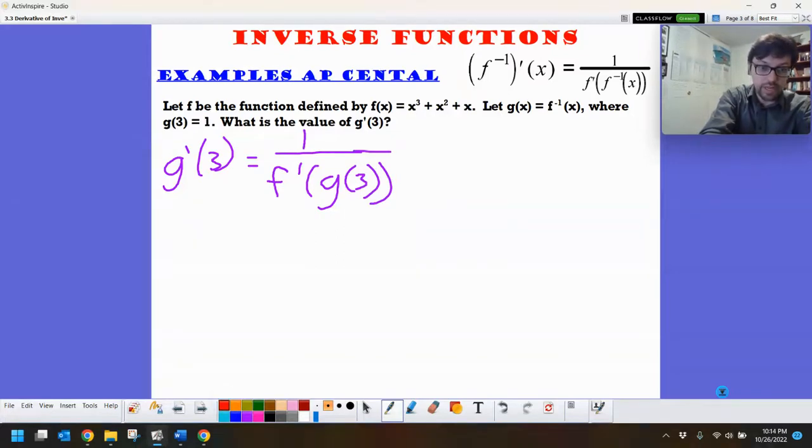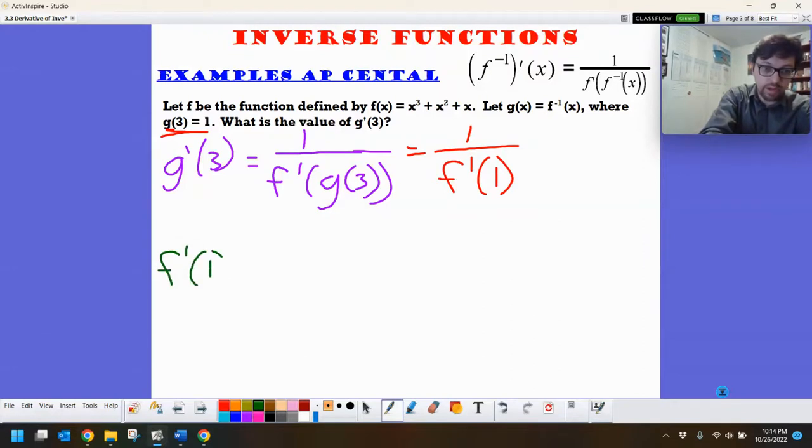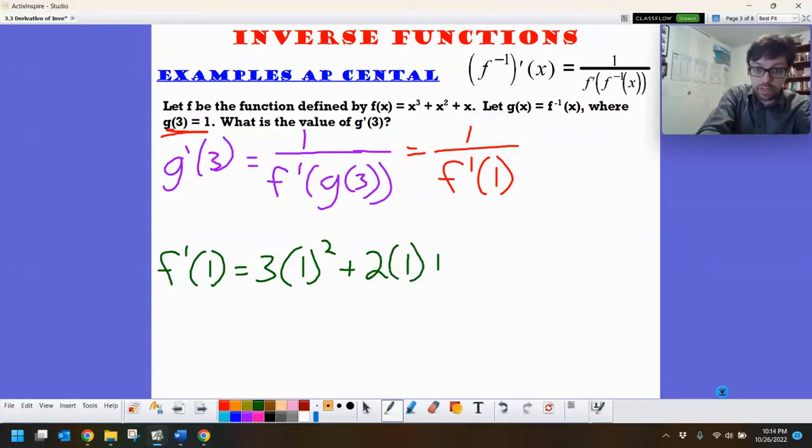Now this one was really nice. We didn't have to use a table to translate it. It was just right there at 1. So we want to do 1 over the value of the derivative at 1. So I'm going to figure that out over to the side here. So f prime of 1 equals, let's see, so power rule, 3 times 1 squared plus another power rule, 2 times 1, and then the derivative of x is going to be just a 1.